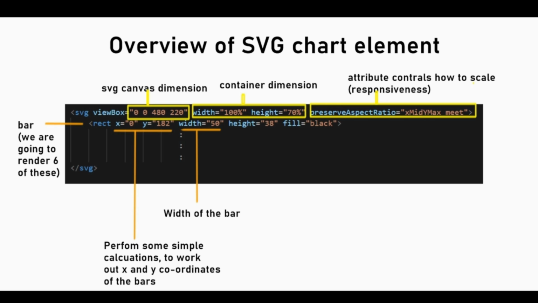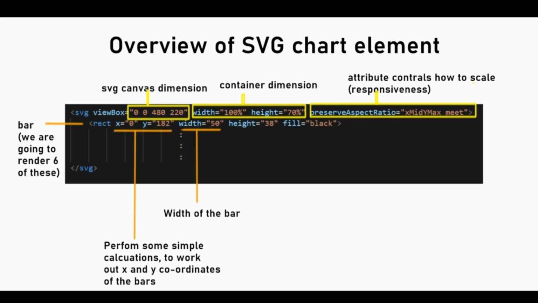Under the first yellow box, we've got the viewBox attribute. I've given the value 0 0 480 220. What this basically means is I've given a dimension of 480 width and 220 height, and that's the dimensions of our canvas, our drawing area.